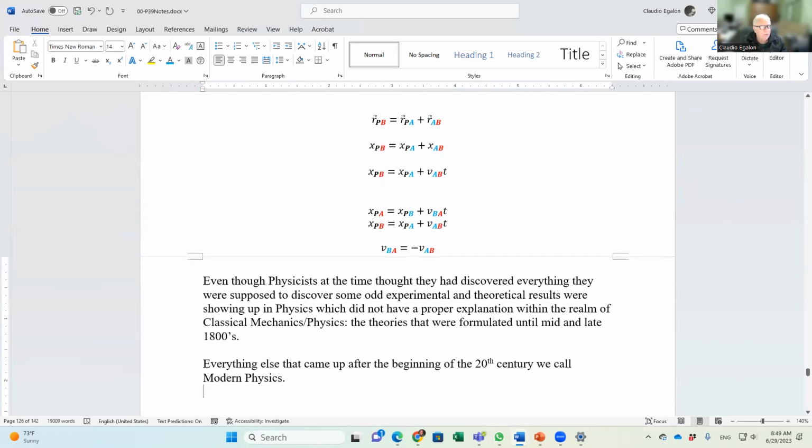Classical physics is the theories that were formulated until the mid and late 1800s. So we have classical physics and then we have modern physics. One of them was the theory of relativity.